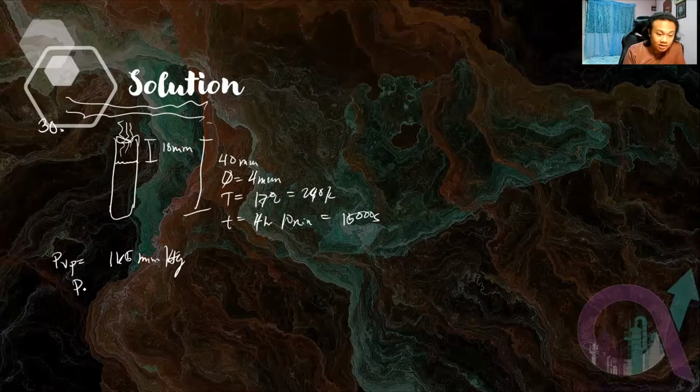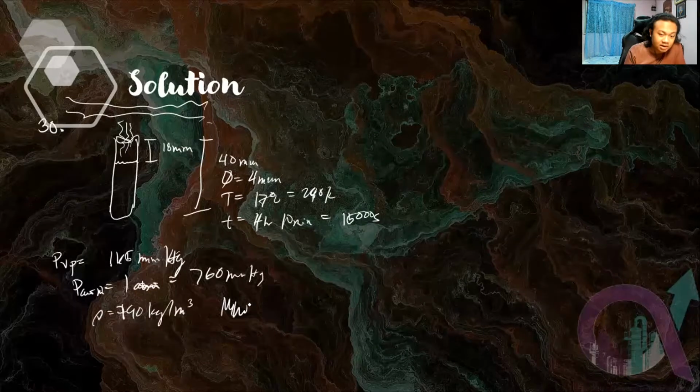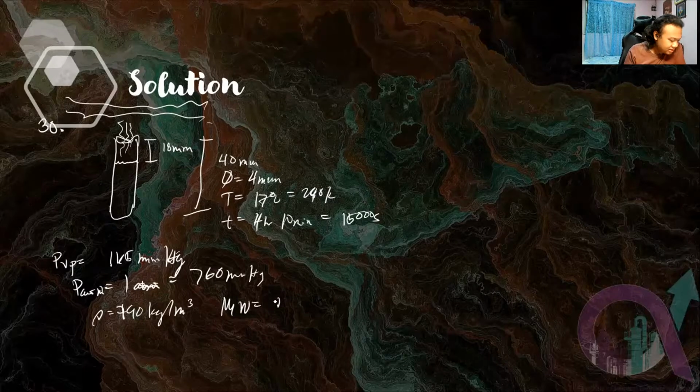You have the atmospheric pressure, which is 1 atm, equal to 760 mmHg. You have the density of 790 kilograms per cubic meter, and the molecular weight of that liquid is 58. And we are to find dV.